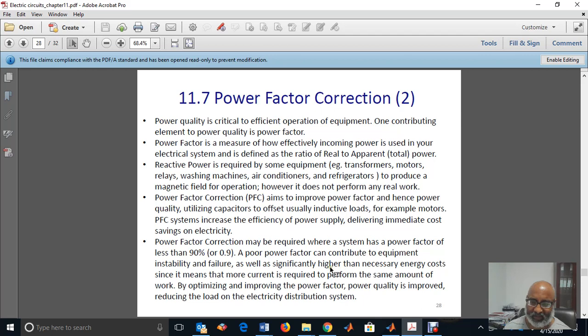A poor power factor can contribute to equipment instability and failure, as well as significantly higher than necessary energy cost. By optimizing and improving the power factor, power quality can be improved, reducing the load on the electricity distribution system.